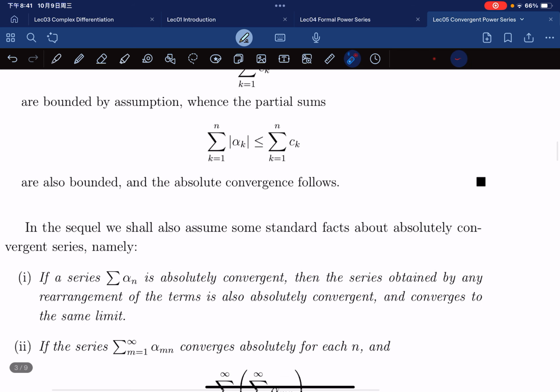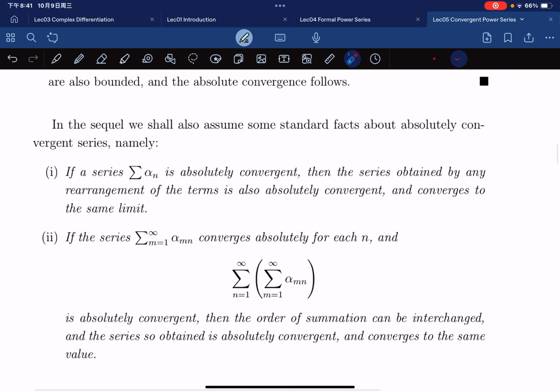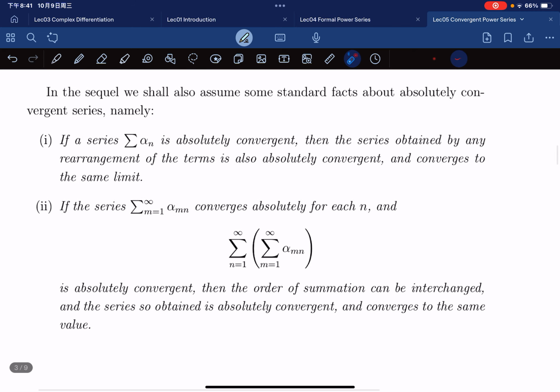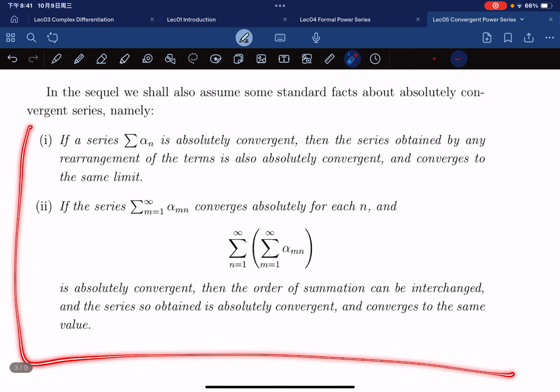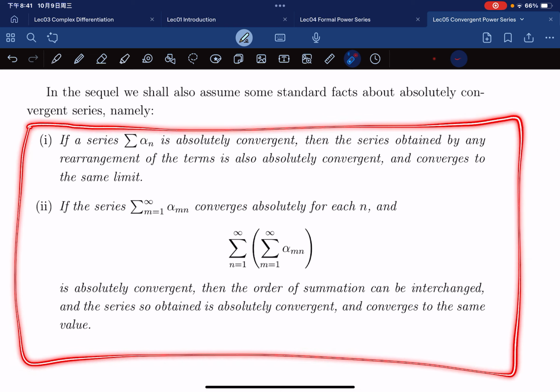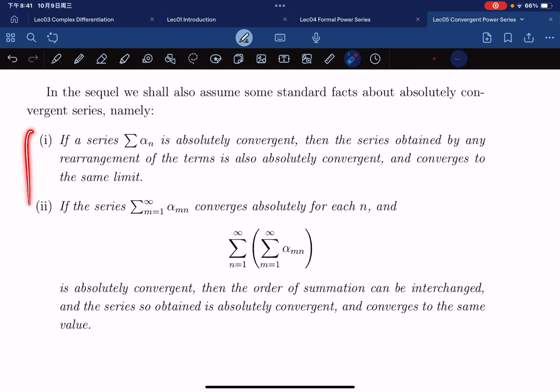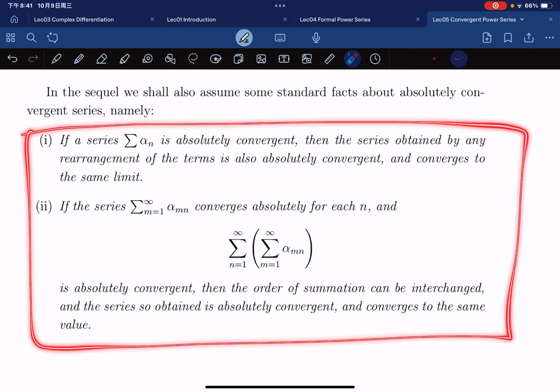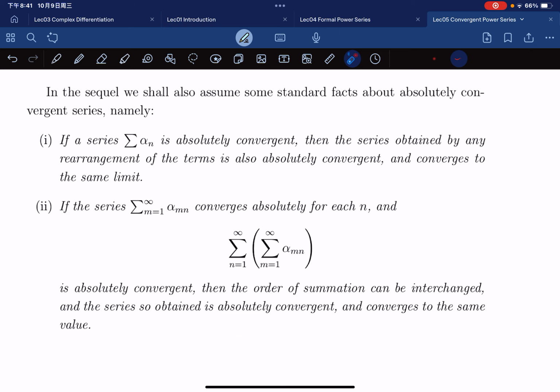We're going to assume two standard facts about absolutely convergent series, which are these. I might make a new video about these two theorems, because the proof is not easy, so we first assume them.